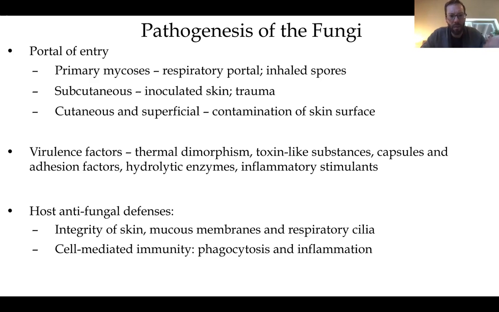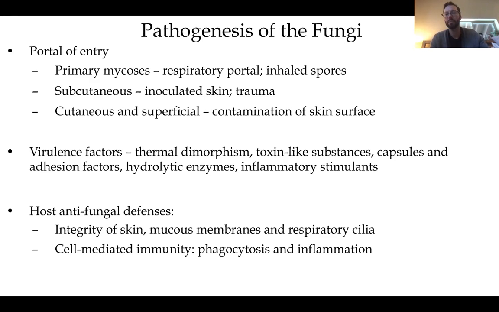Some of them have virulence factors. So not the opportunistic, but the true primary fungi are going to have things like thermal dimorphism, right? The ability to change their structure and their tolerance and their lifestyle based on whether or not they're outside or inside the host.